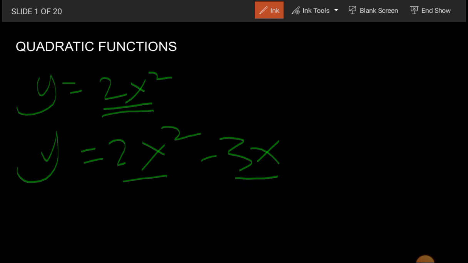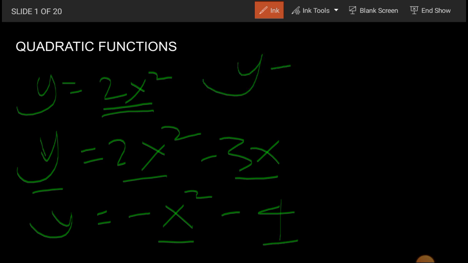Or y equals negative x squared minus 4, where a quadratic term and the constant term are present. Or y is equal to negative 3x squared plus 2x plus 1. So these are examples of quadratic functions in different cases.